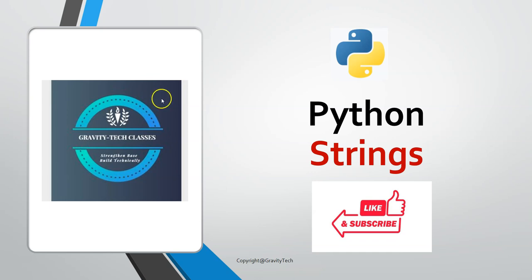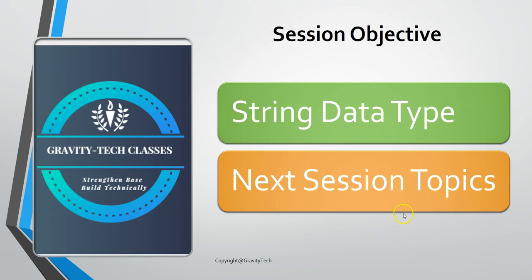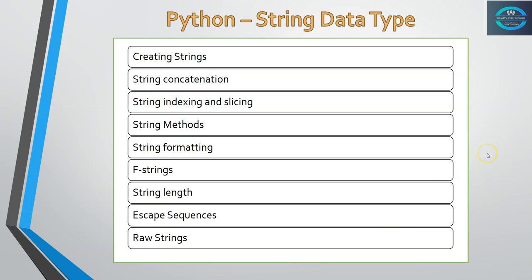So what exactly are Python strings? The session objective is to learn about the string data type, and at the end we will see what we are going to cover as part of the next session. What are we going to cover in the string data type?